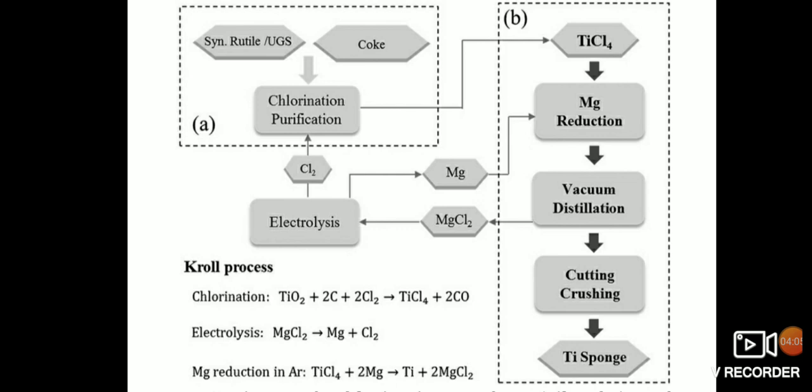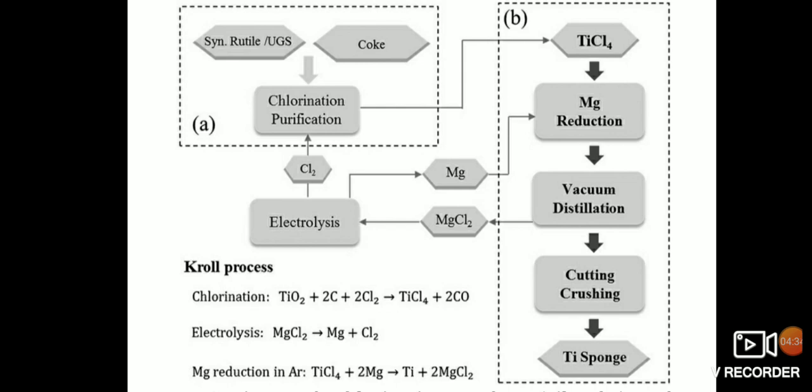The process includes several steps: carbochlorination to produce titanium tetrachloride, the reduction of the purified titanium tetrachloride by magnesium, as well as the electrolysis of magnesium chloride generated by the reduction to produce metallic magnesium and chlorine.